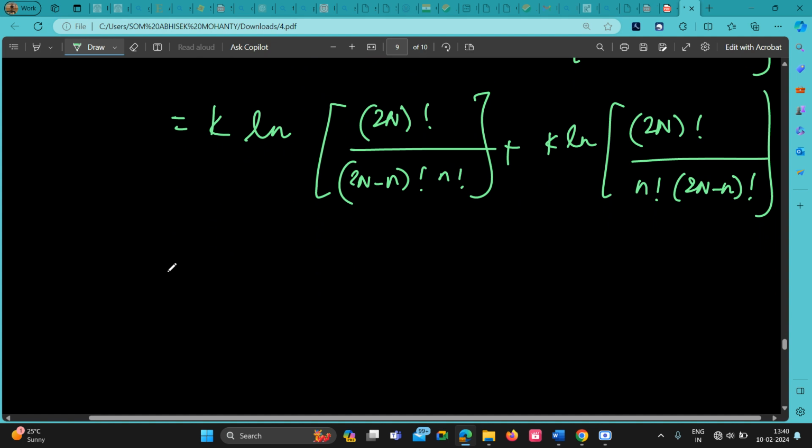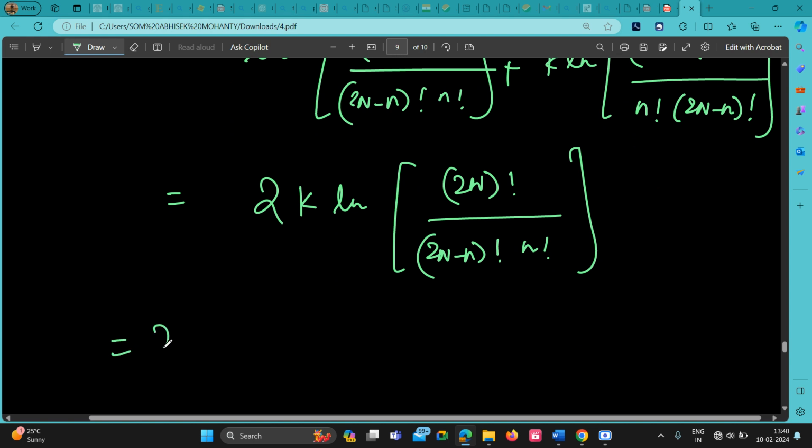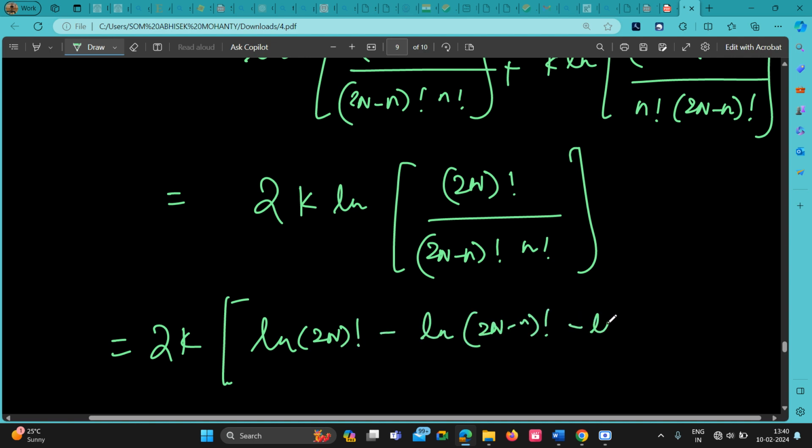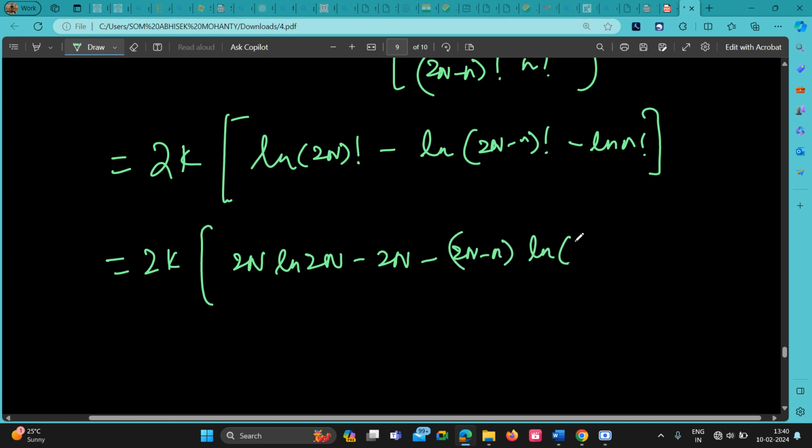We will use Stirling's approximation: 2k times ln 2n factorial minus ln (2n minus n) factorial minus ln n factorial, which is equal to 2k times [2n ln 2n minus 2n minus (2n minus n) ln(2n minus n) plus (2n minus n) minus n ln n plus n].